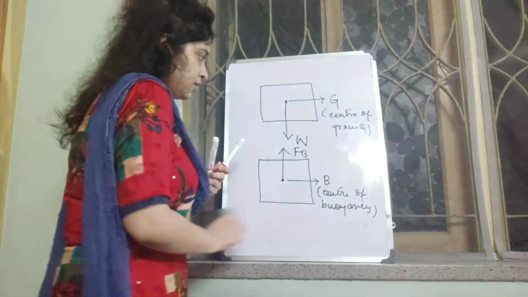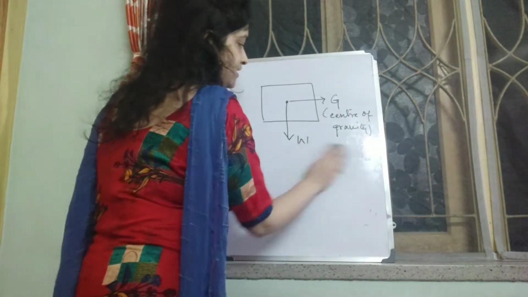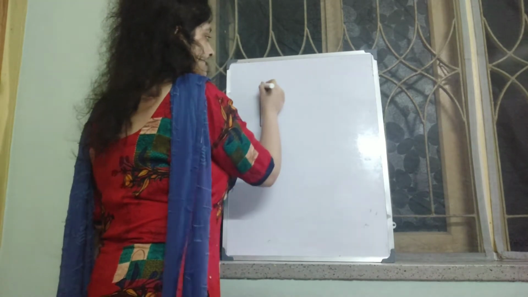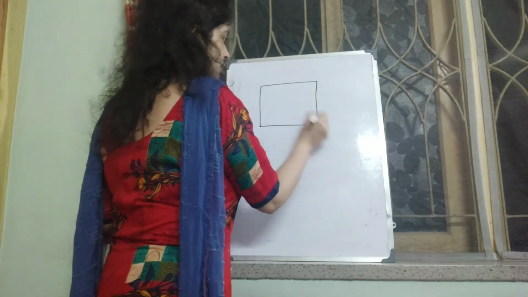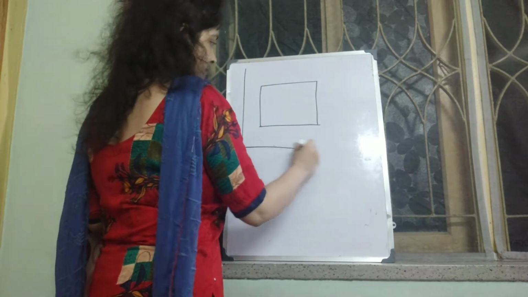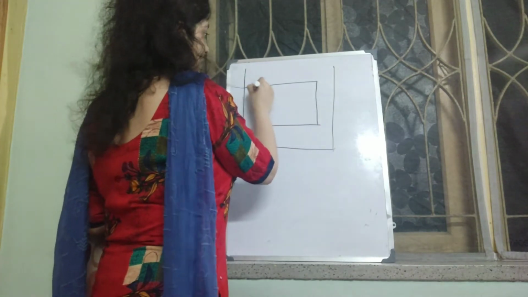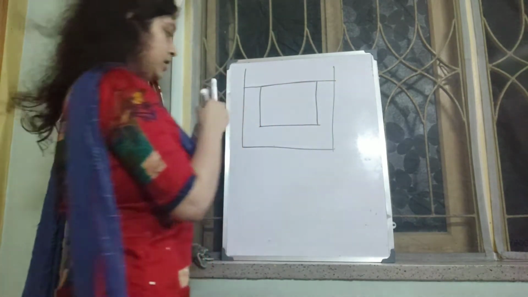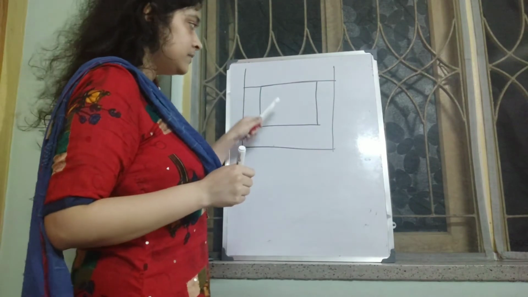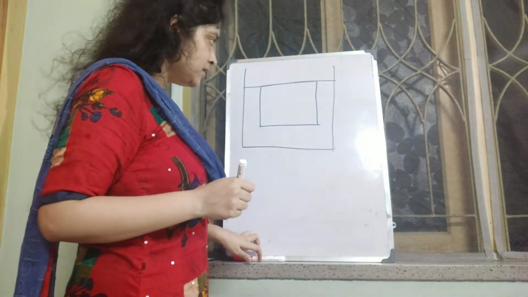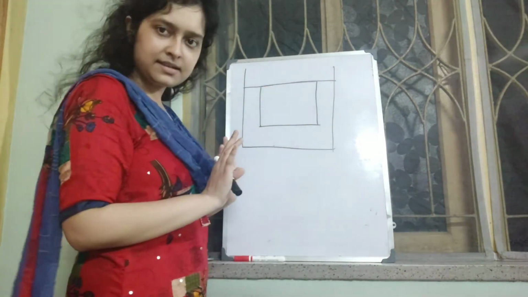But what is the point which I have mentioned? If a solid is completely immersed in a liquid, what is this condition called? The solid is floating but completely immersed, isn't it?